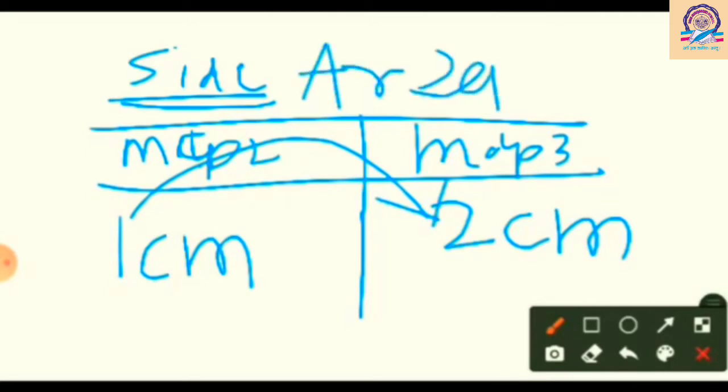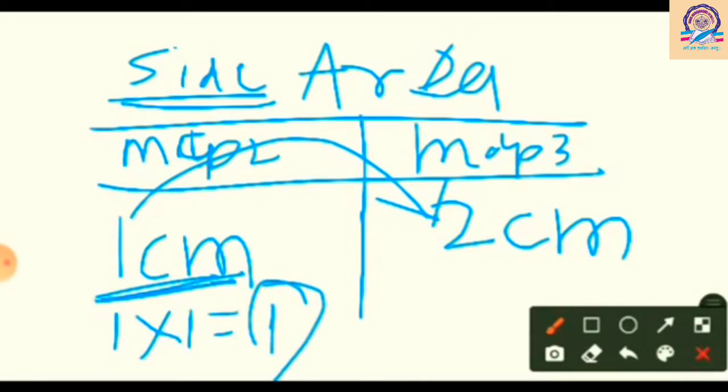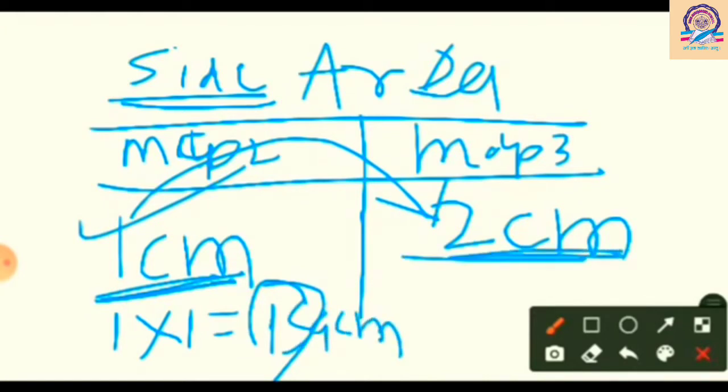Now coming to area, we all know the area of a square is side into side. So 1 centimeter multiplied by 1 centimeter will become 1 square centimeter, as we all know. Now if we calculate for the 2 centimeter grid, 2 into 2 centimeter will be how much? 2 into 2? 4 square centimeter, isn't it?